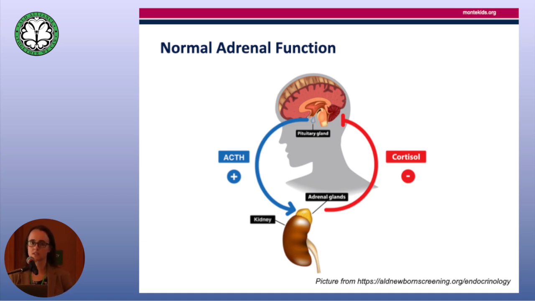The natural history study that the Netherlands and Boston did looked retrospectively, and the diagnosis of adrenal insufficiency was made sometimes by lab results, sometimes by the prescription of hydrocortisone, and in those men it was about 80%. And the age of onset was a bit later in that group, around 14 was the average.